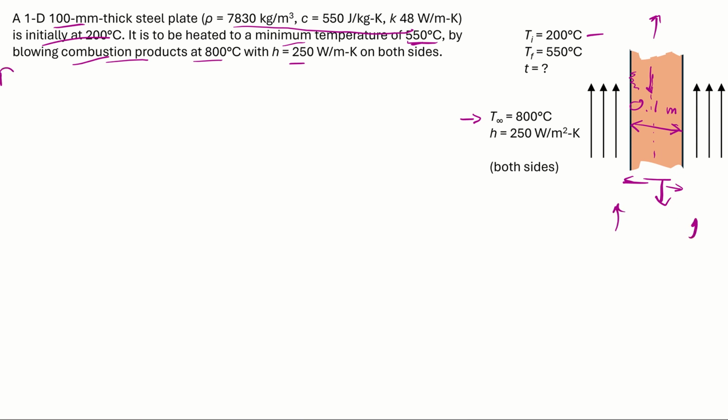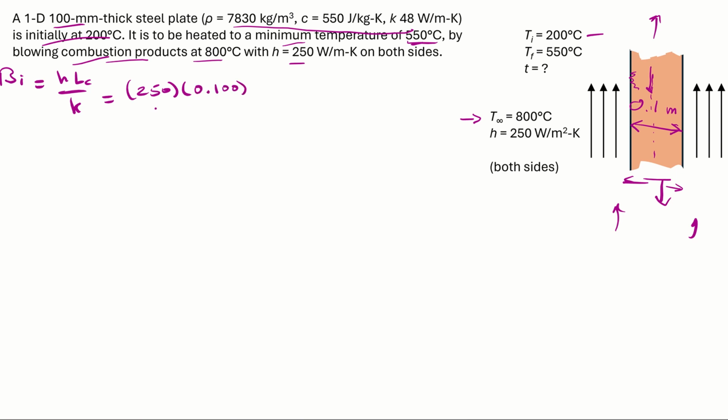First thing to do is to calculate the Biot number, which is hL over k, and we have here h as 250. L is the characteristic length, which has to do with the ability to store energy. For a plane wall, L is just the half-width of the wall.